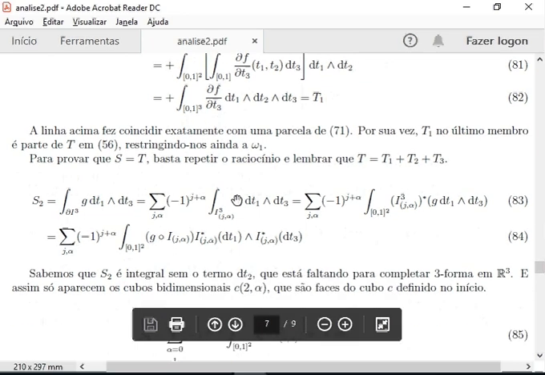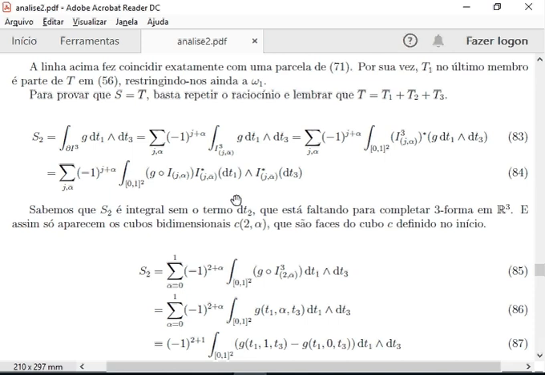Let's repeat. S2 is the integral of G. It is this oriented sum of G over the faces. It is equal to the integral of the pullback over the straight square 0, 1, 0, 1.